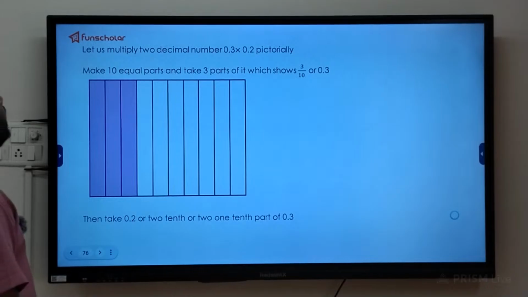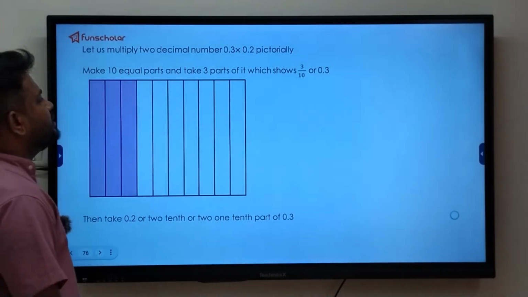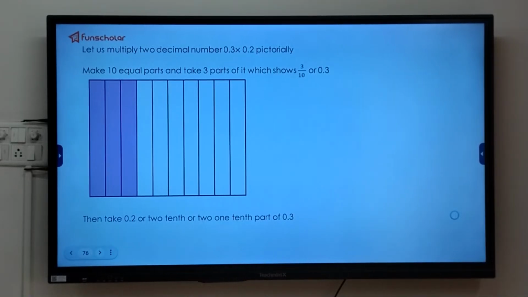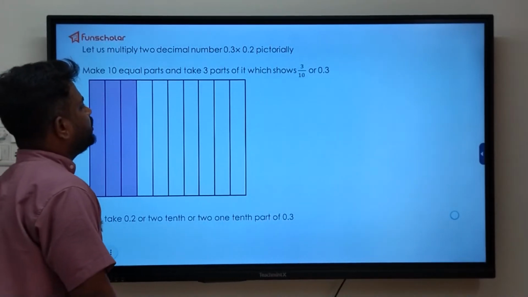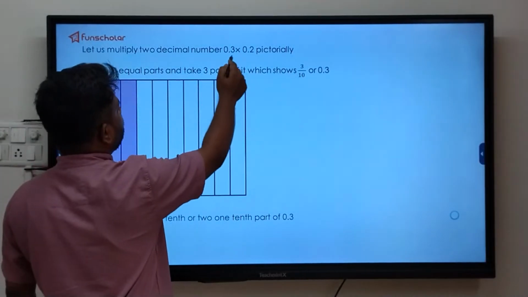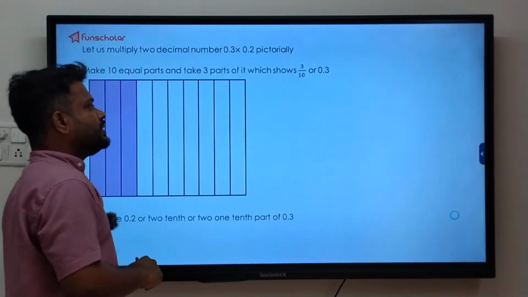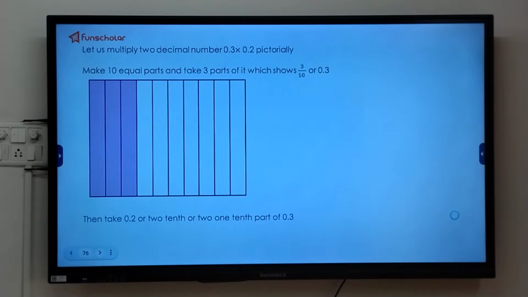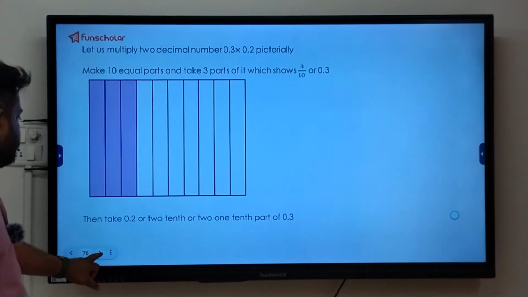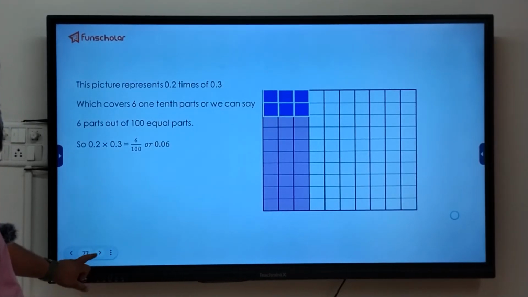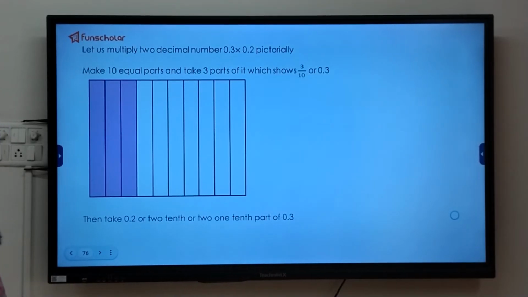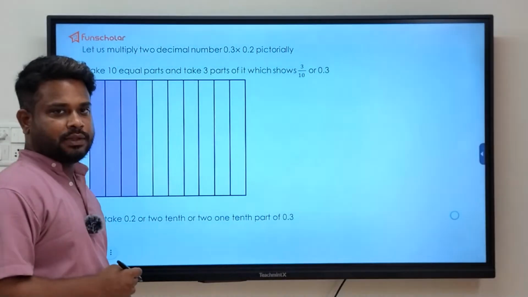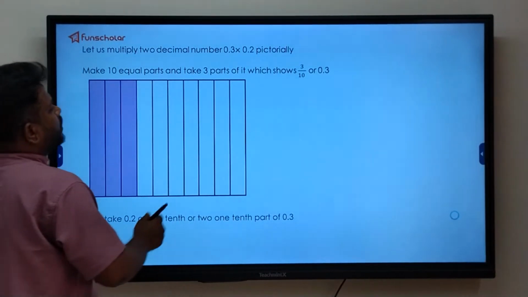Okay, let us multiply two decimal numbers 0.3 and 0.2 pictorially. Make 10 equal parts and take 3 parts of it, which shows 3 by 10, and 3 by 10 will represent 0.3, and then take 0.2 or 2/10 part of 0.3. So the answer will be 0.06. Why?